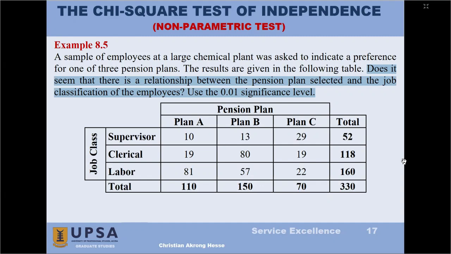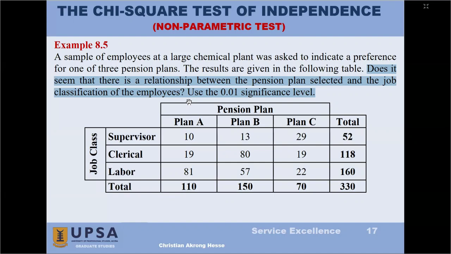So you call it job classification, because that's how we mention it here. So there's no significant relationship between job classification and pension plan of employees. Then H1 says there is a significant association, correlation or relationship between job classification and pension plan of employees.